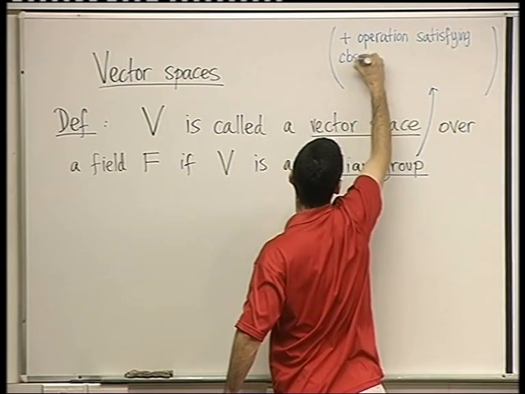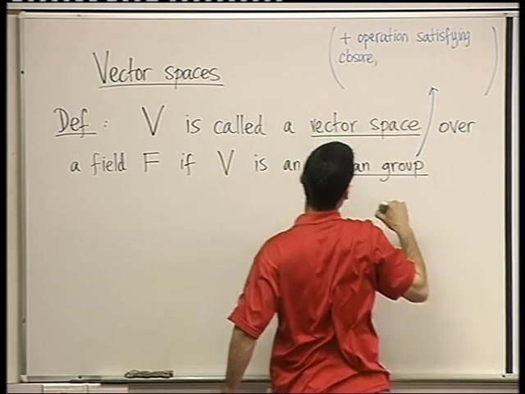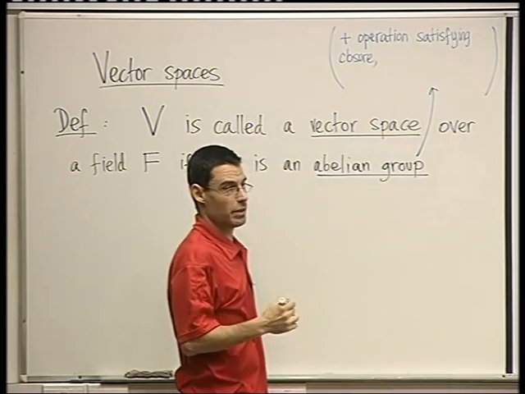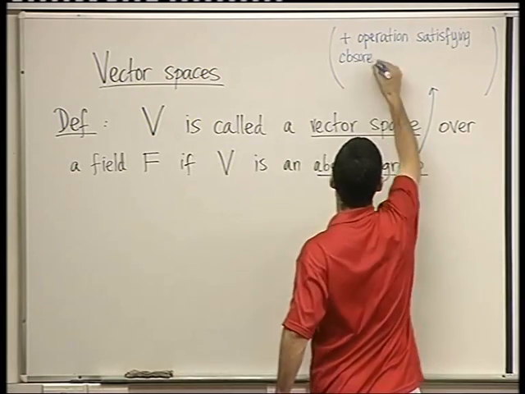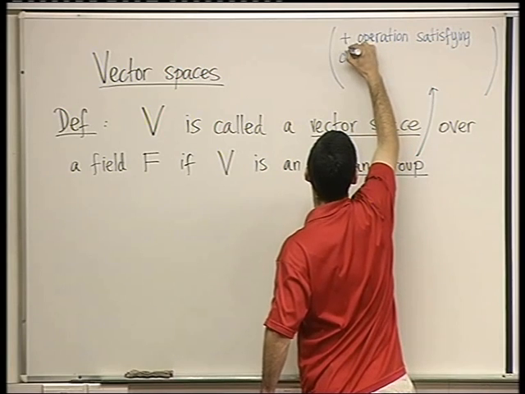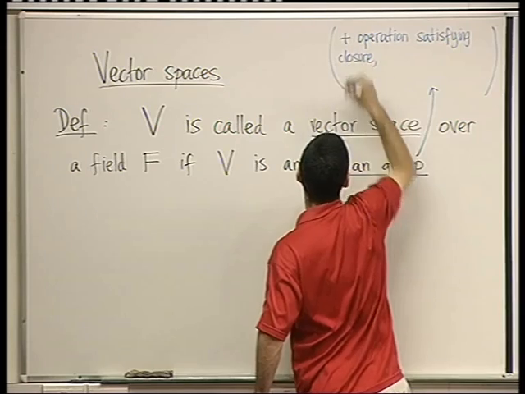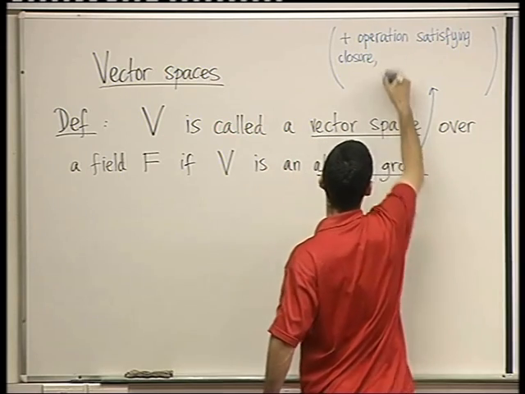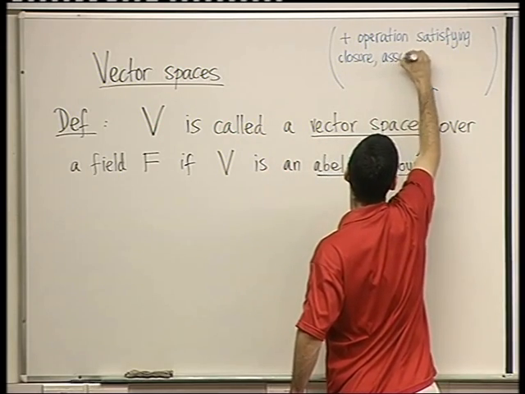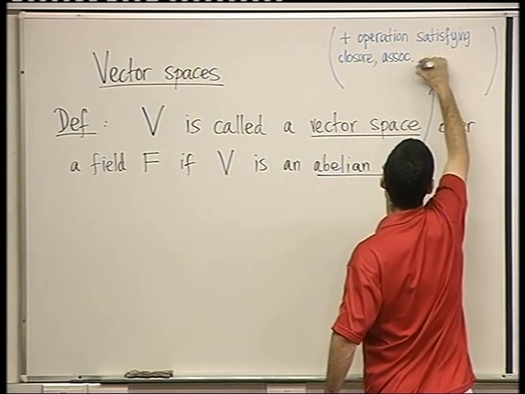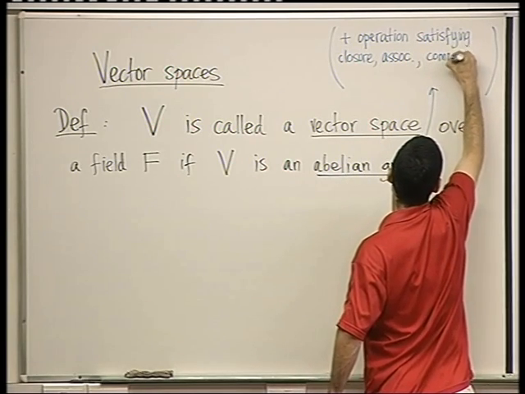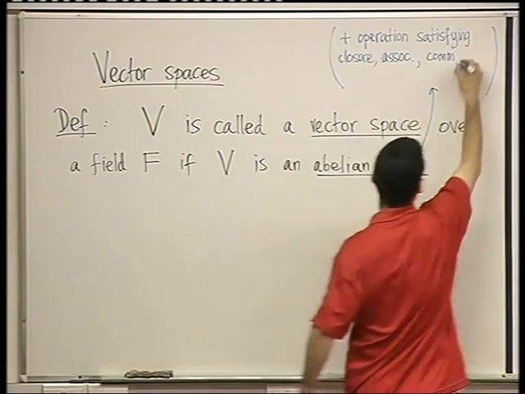closure. Addition is closed. So you add 2 things, you get another element, right? Closure. This is a CL, not a D. Satisfying closure, associativity, commutativity, that's being abelian.